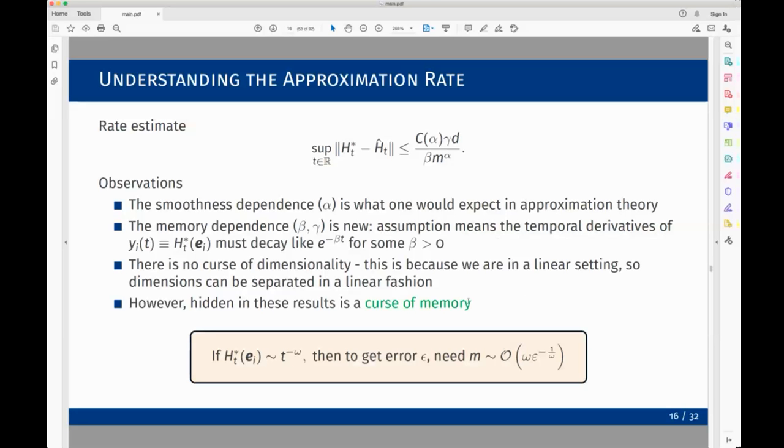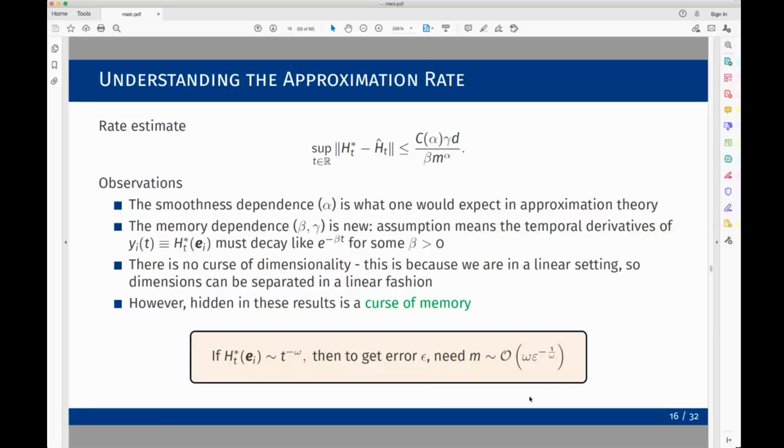I mean if our output signal y_t does not satisfy exponential decay e to the power of minus beta t, but only has algebraic decay, something like t to the power of minus omega, where omega is a positive number, then as omega goes to 0, we can see that in order to get an error epsilon, we need our size m to be on the order of omega times epsilon to the power of 1 minus 1 over omega.